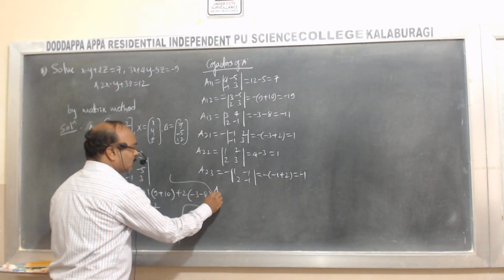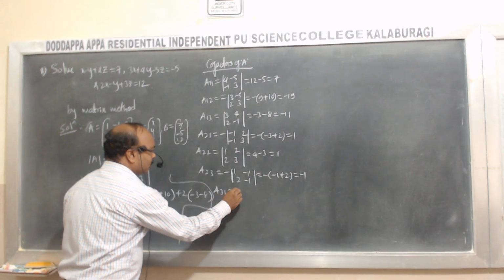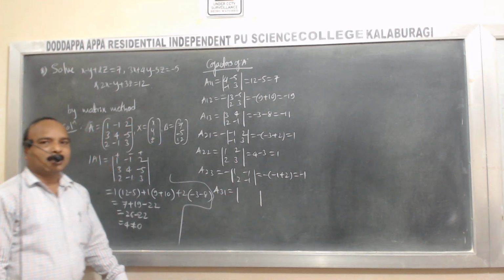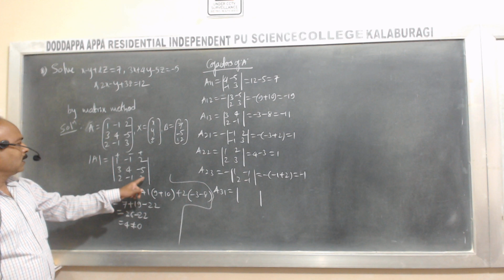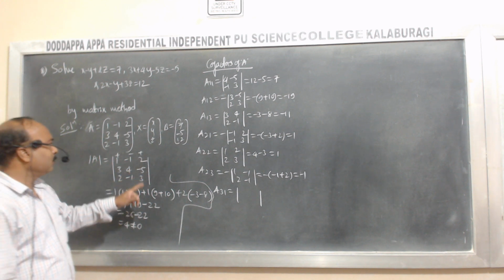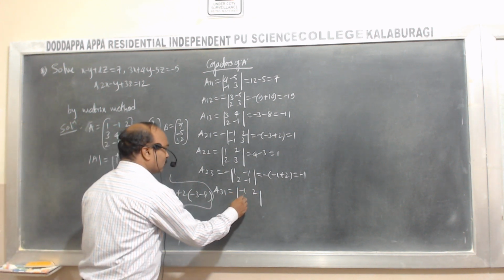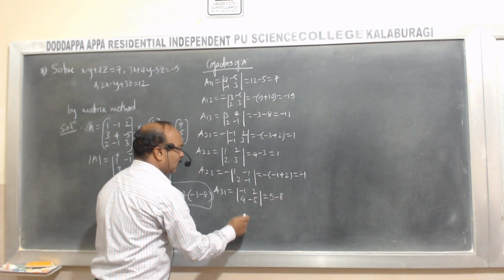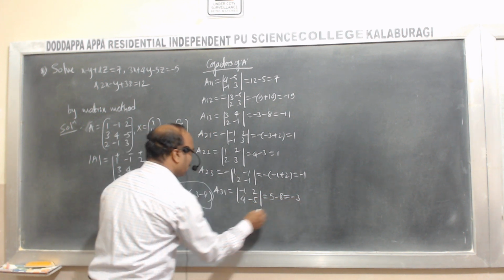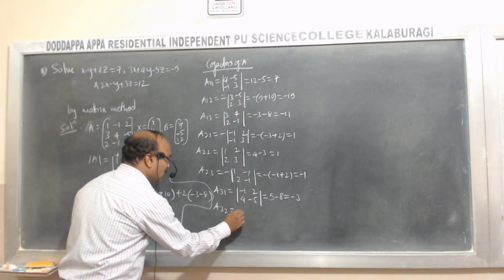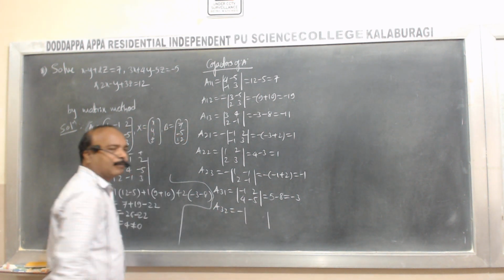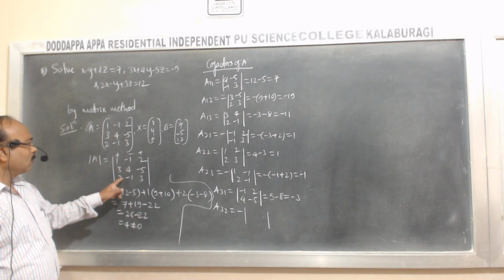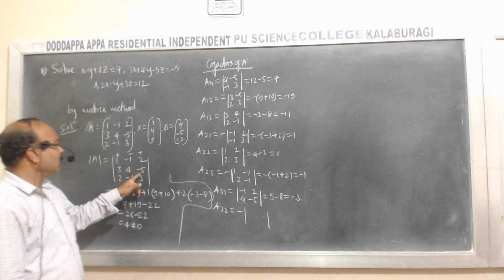Next A31, it is the determinant of, deleting this row and this column, we get minus 1 2, 4 minus 5. So it is 5 minus 8, it is minus 3. Next A32, again minus of determinant, deleting this row and this column, we get 1 2, 3 minus 5.